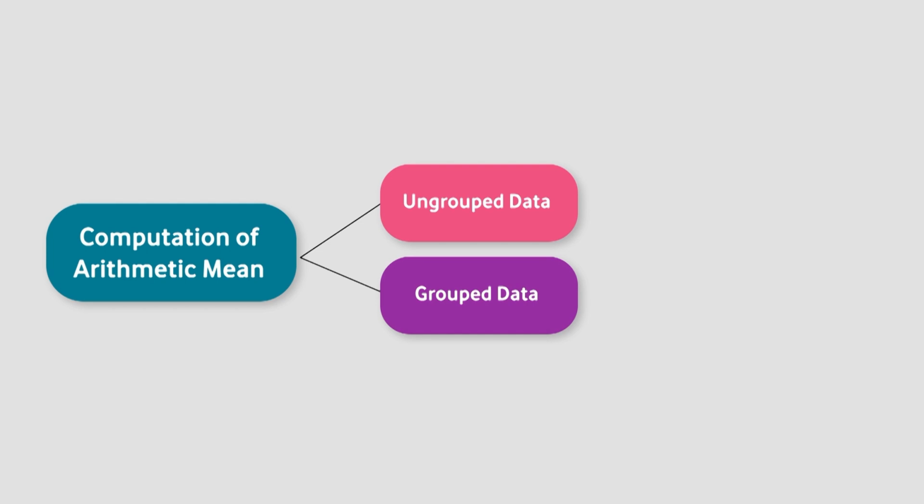Ungrouped data is also known as individual series, whereas grouped data means we are talking of discrete series and continuous series. I hope you have understood by now what is individual series, what is discrete series and what is continuous series.